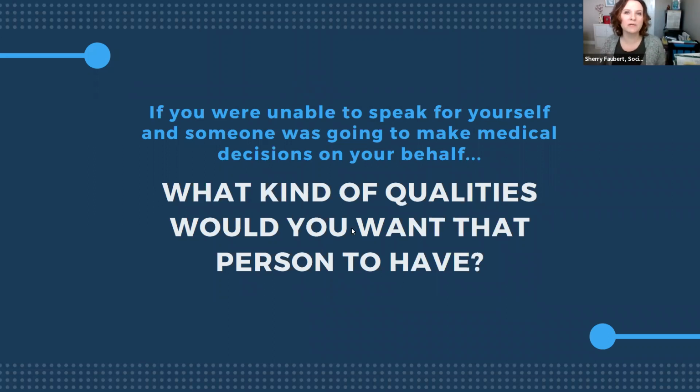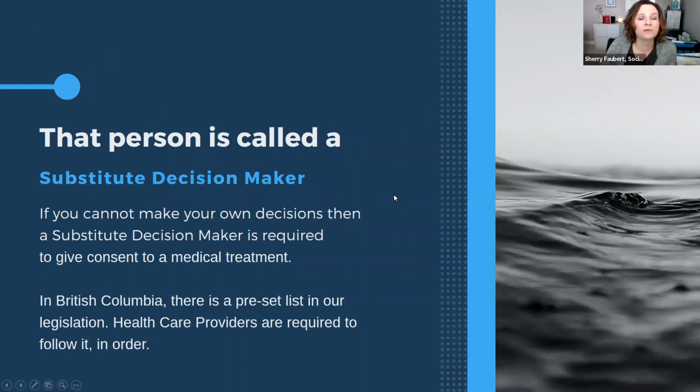It's really important in this process of reflecting and thinking about advance care planning what those qualities are, because we will see in just a minute that there is in fact legislation in BC around who could actually make decisions for you, because it can't just be Bob down the street, right? There is legislation, and there is an actual hierarchy that we will talk about.